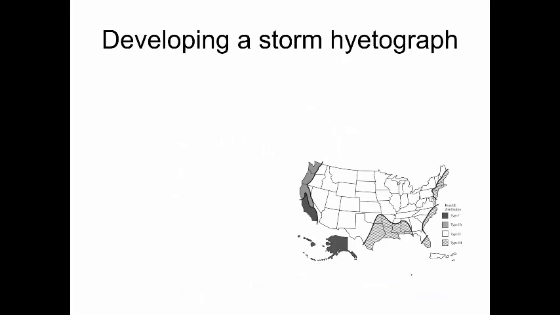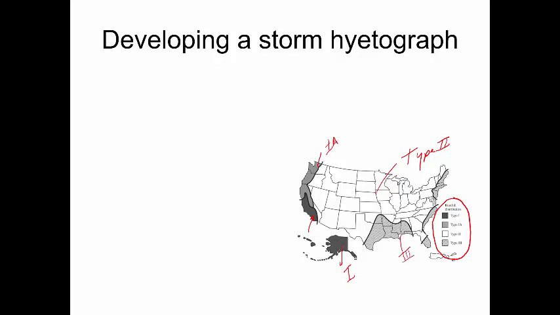As I said, we're not going to really go into the complete development of the storm hyetograph, but there's some information that is valuable. According to the Soil Conservation Service, there are these 4 types of rainfall distributions throughout the United States. One of the things you notice is that most of the U.S. is type 2, okay? But then we have these darker areas. This is type 1, this is type 1A, and this is type 3.